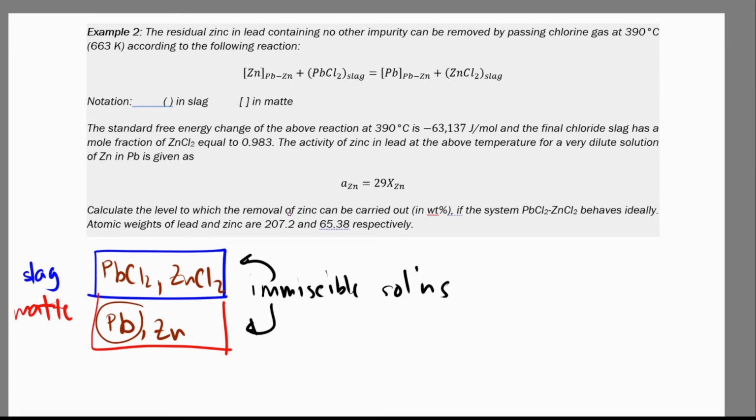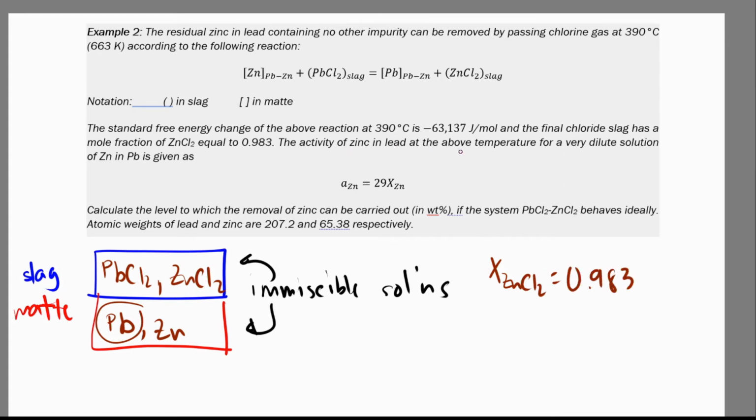So from the problem, the standard free energy change of the above reaction at 390 degrees Celsius is negative 63,137 joules per mole. And the final chloride slag has a mole fraction of zinc chloride, X of ZnCl2, equal to 0.983.